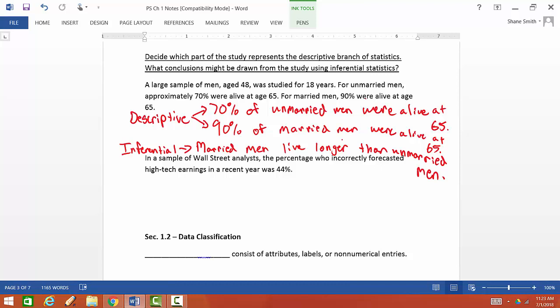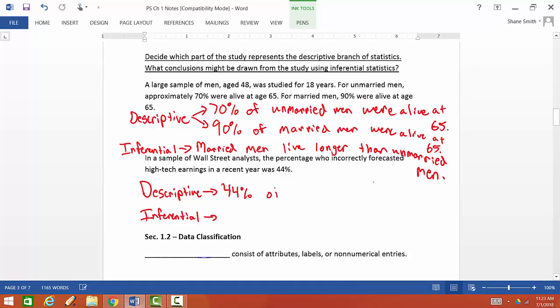In a sample of Wall Street analysts, the percentage who incorrectly forecasted high-tech earnings in a recent year was 44%. So again, we'll go to descriptive and inferential. So the descriptive statistic here is the percentage, right? So I always like to start with the percentage.